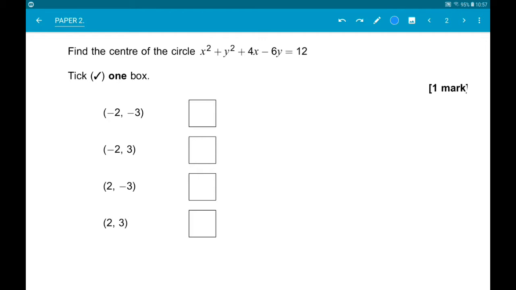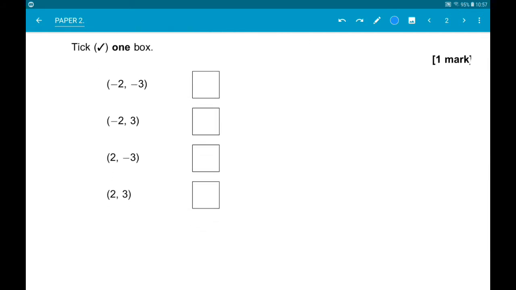So x squared add 4x is x add 2 squared minus 4, and then y squared minus 6y is y minus 3 squared minus 9.